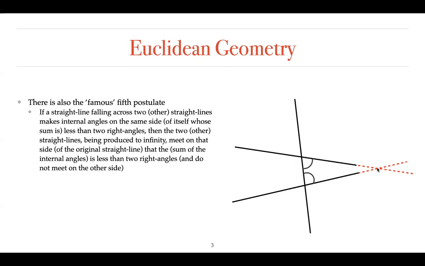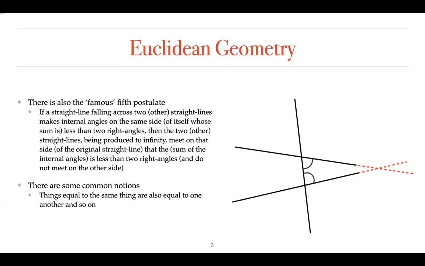But okay, so this is the story that I'll talk about in the forthcoming slides. But for the time being, this turned out to be a very, very important postulate. So apart from this, there are some common notions as well. So for example, one common notion says that if you have A equal to B and B equal to C, then it follows that A is equal to C.